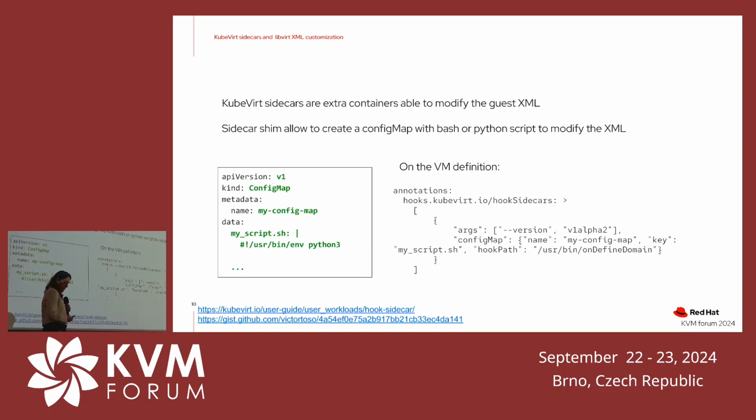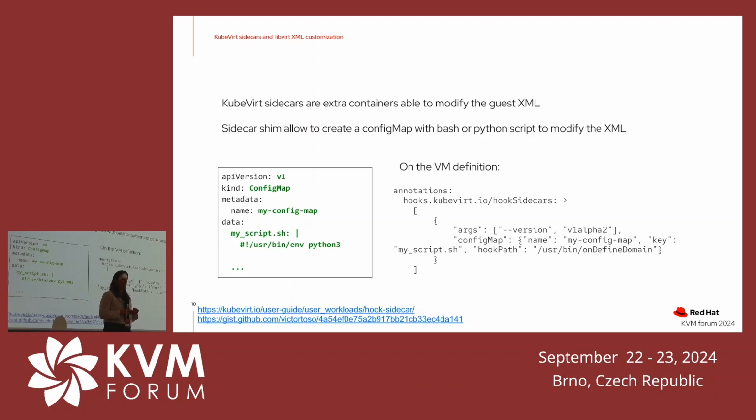Something else KubeVirt has is a feature called KubeVirt sidecars that allows you to modify the libvirt XML on the fly. So why do we do this? KubeVirt has an API, and based on the VM definition, this implies a certain XML.